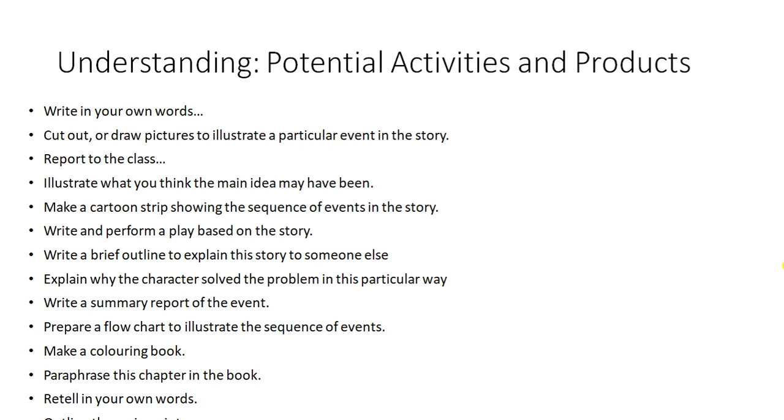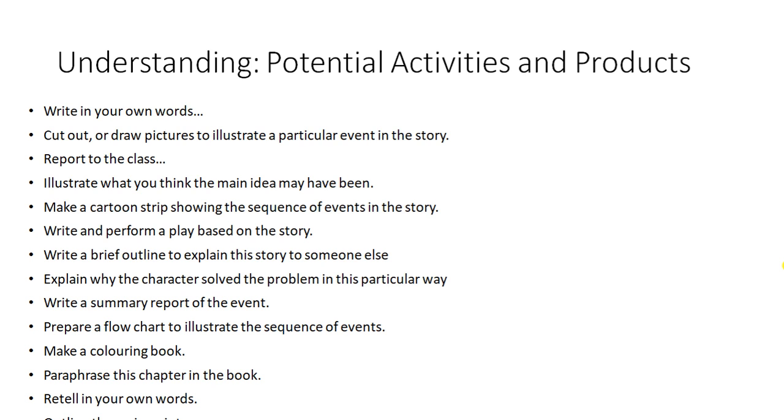Illustrate what you think the main idea may have been. Make a cartoon strip showing the sequence of events in the story. Write and perform a play based on the story. Write a brief outline to explain this story to someone else. Explain why the character solved the problem in this particular way.